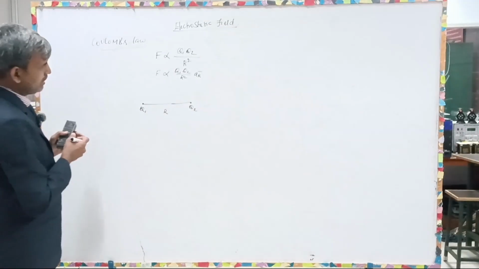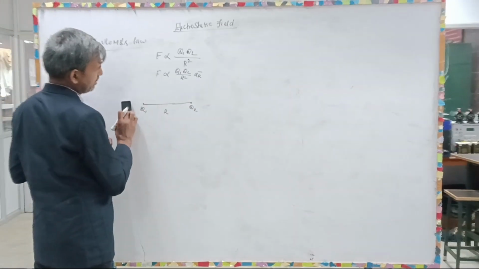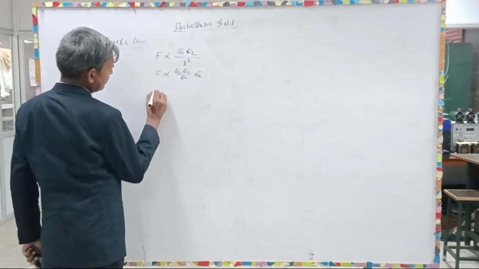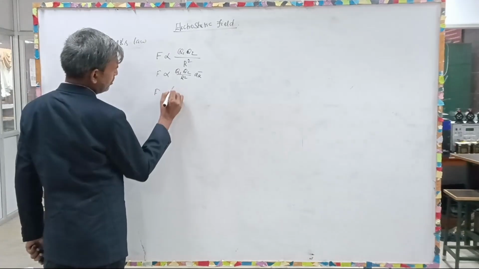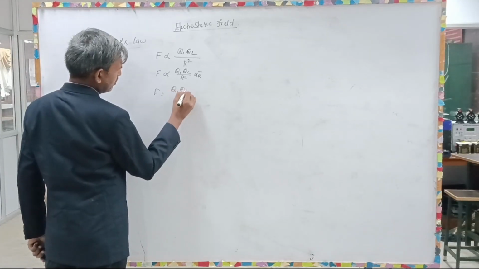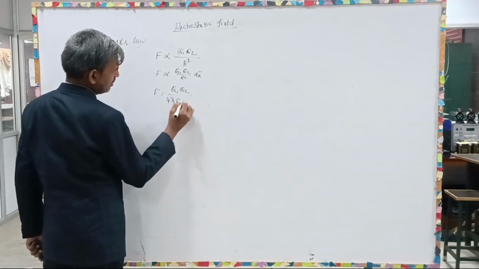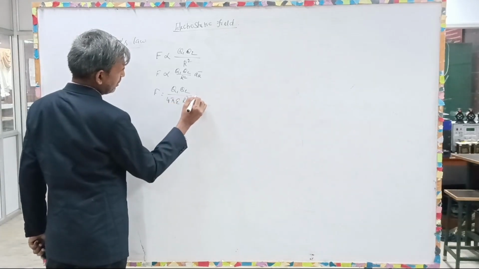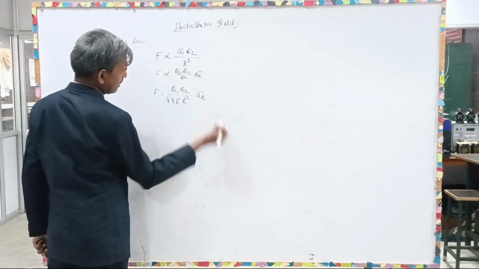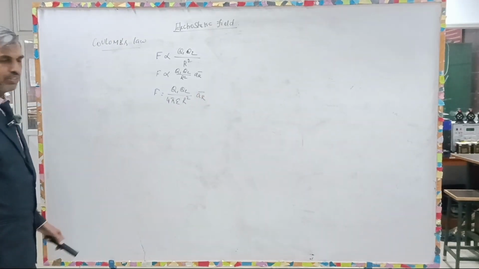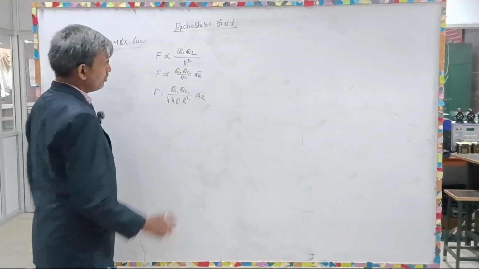Now we can cancel this proportionality. We can introduce the constant: F is equal to Q1 Q2 divided by 4 pi epsilon into R square along the unit vector AR. Already in the last class we have discussed how to find the unit vector.